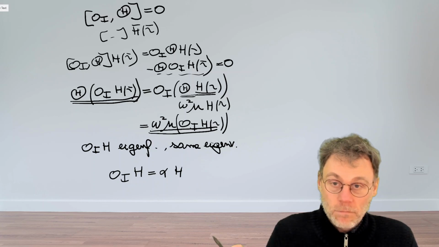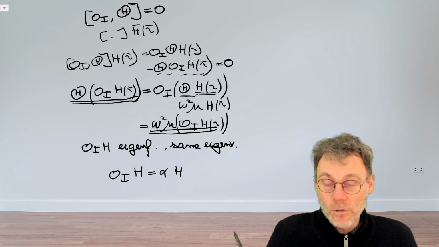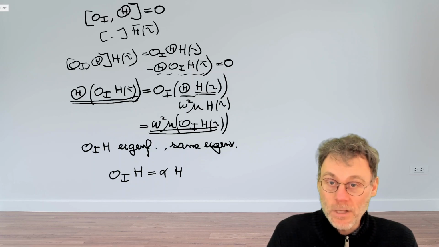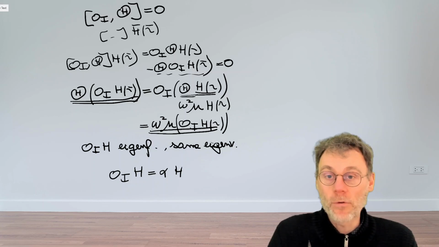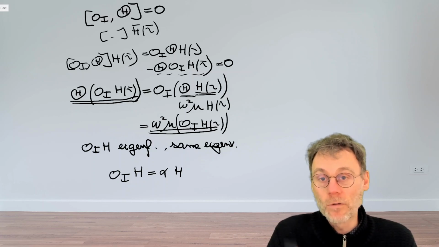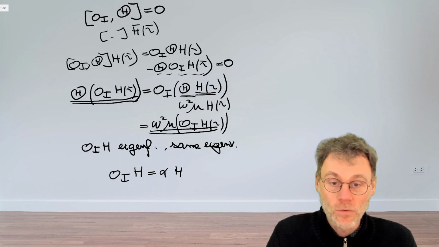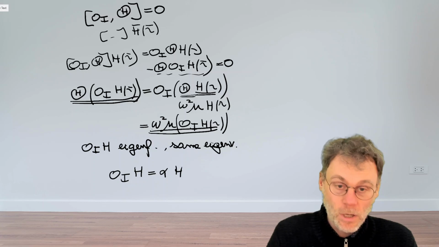So that's very similar to what we had earlier in the previous video for inversion symmetry. You can play similar games there by doing an inversion operator twice, and then you will be able to figure out that alpha is actually plus or minus 1, giving rise to even or odd modes.